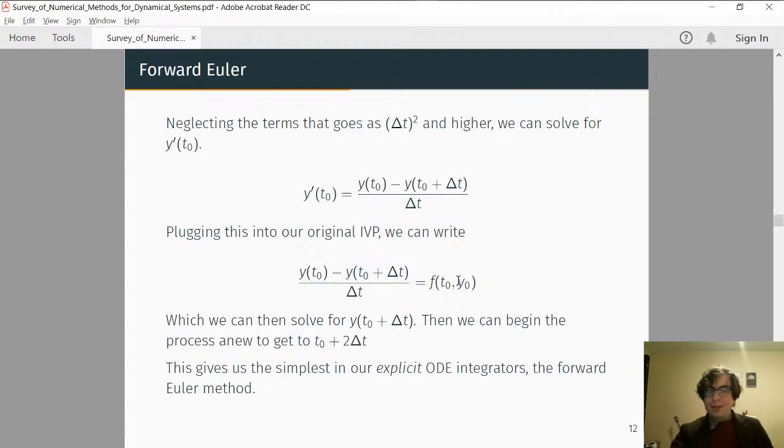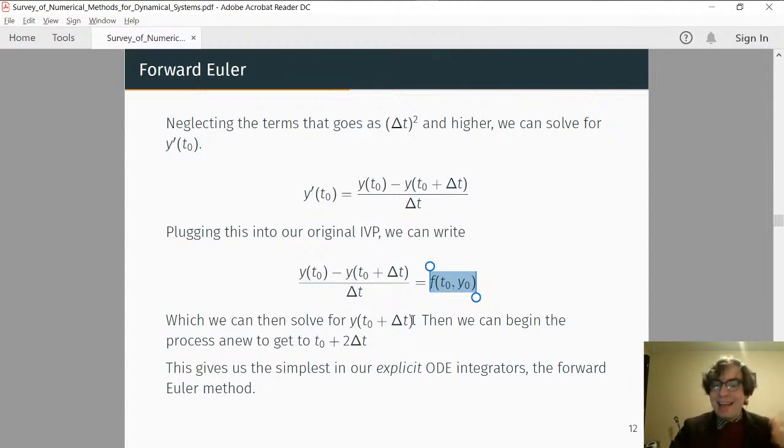And we know the starting position because that's our initial value. We choose our time step, and we can evaluate that arbitrary function. We can solve for the new position after a slight advance.